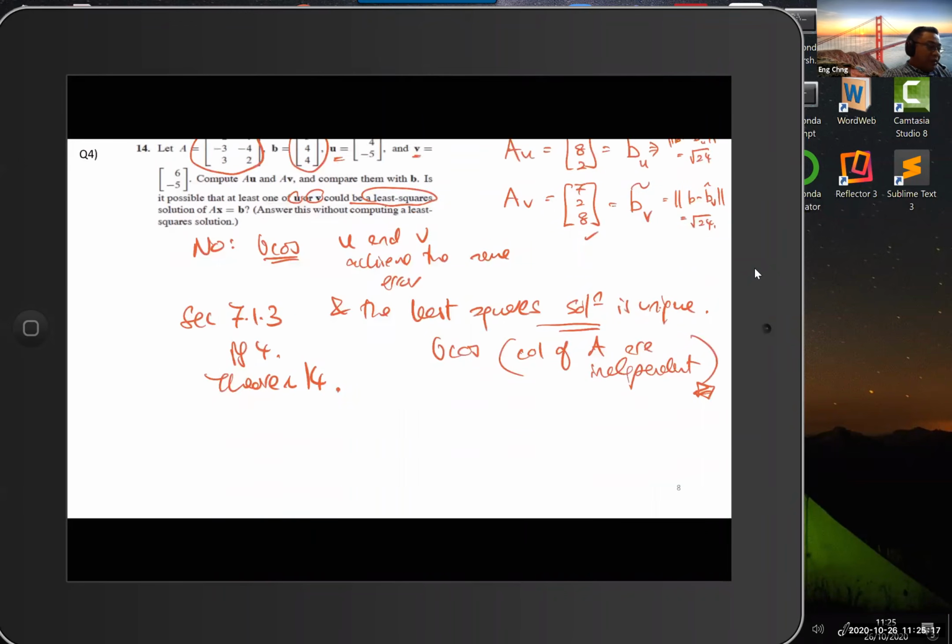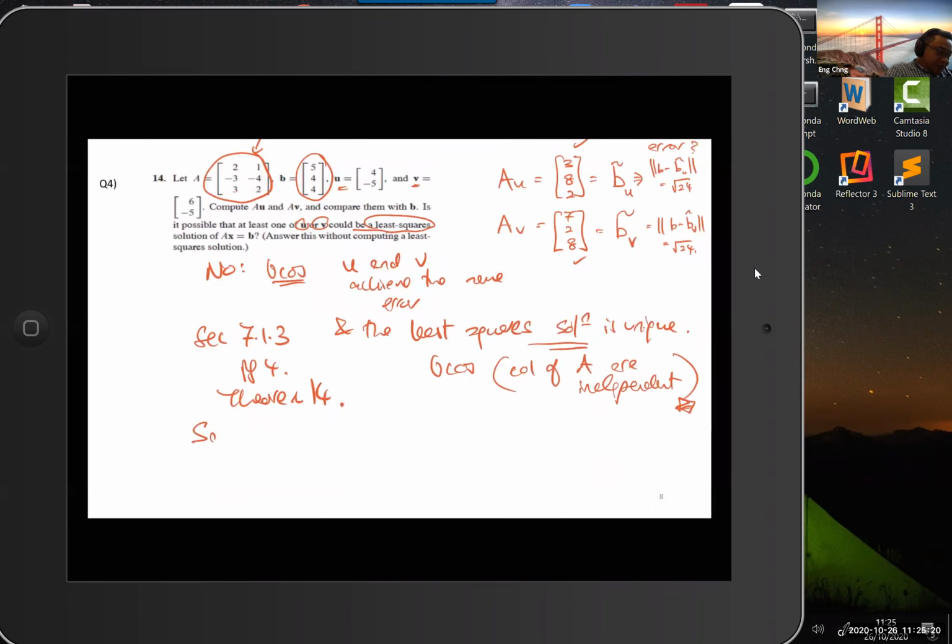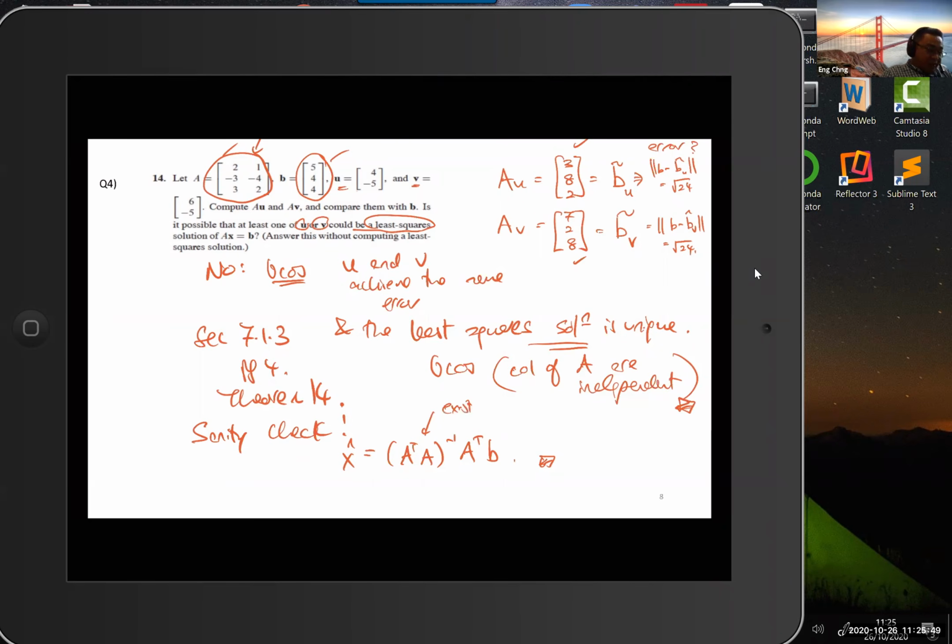Now, of course, for a sanity check, what do I want to do? I want to have X hat equals A transpose A inverse times A transpose B. If we want to cheat, all we need to do is, we are given A, we are given B, we could have plugged in this, and because A has independent columns, this inverse exists.